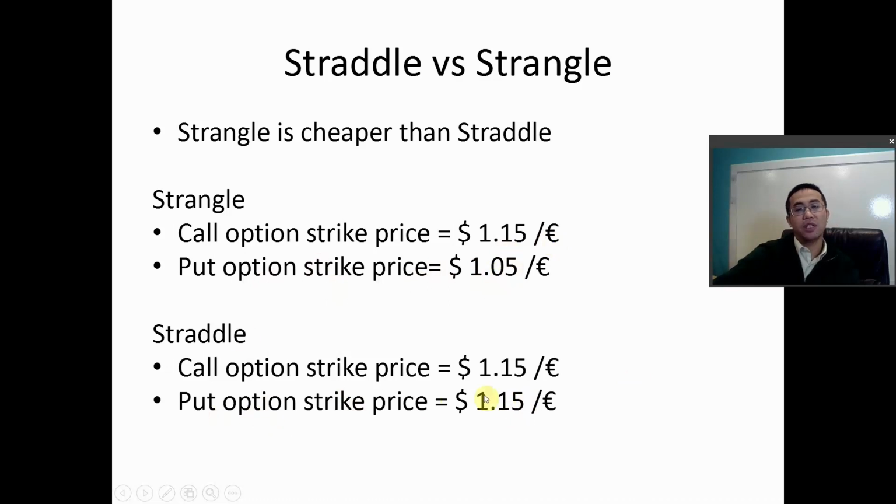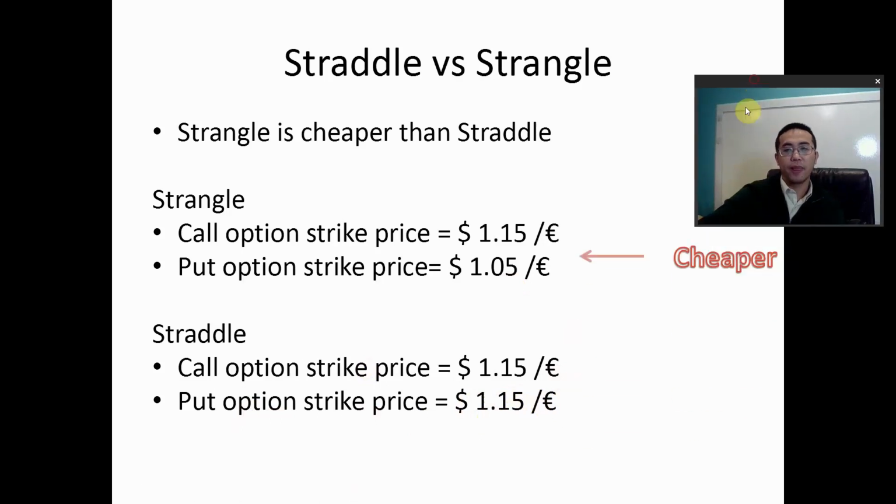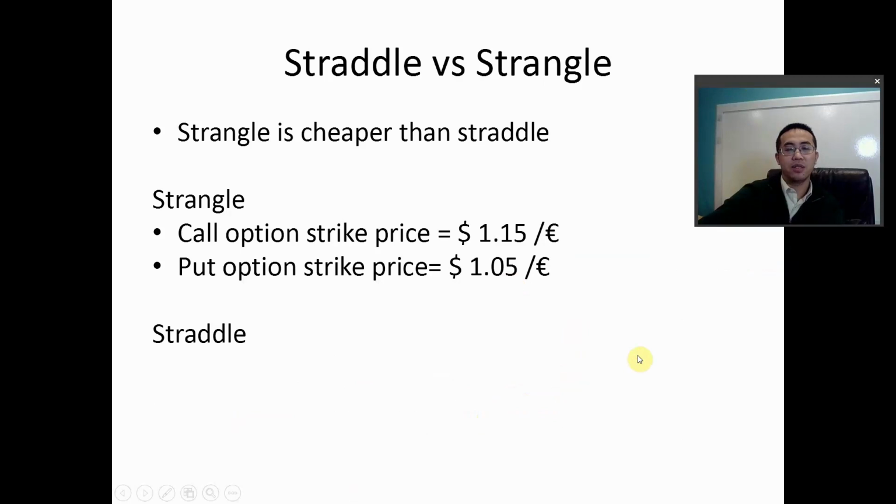Definitely this one, because a put option gives the buyer the right to sell, and if you can sell at a higher price, that's better for the buyer. So this put option should be priced higher, because selling at 1.15 is better than selling at 1.05. So it should be more expensive.